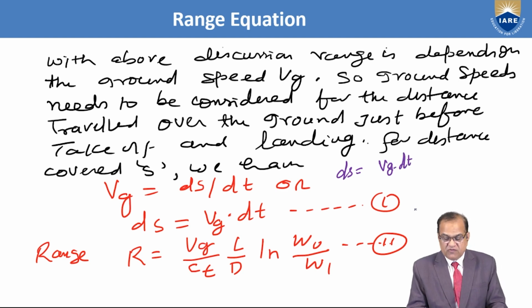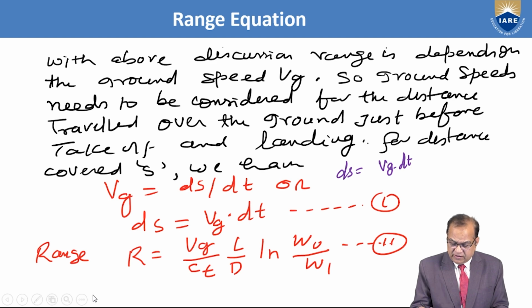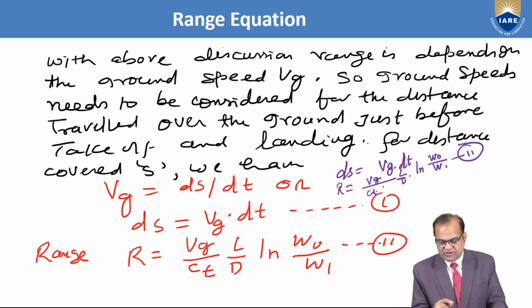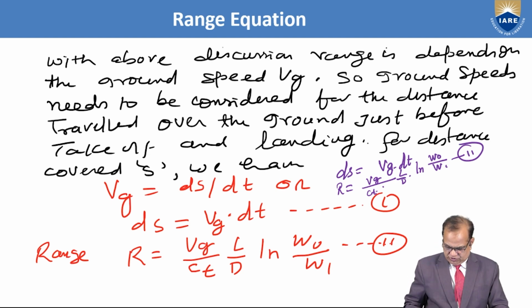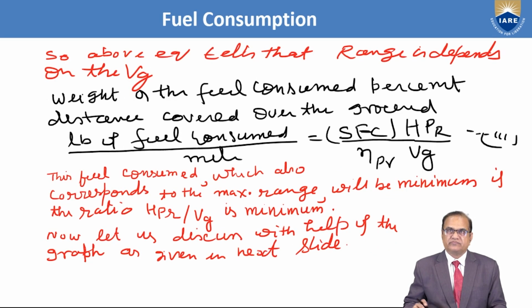And we already know the range equation, R is equal to Vg divided by Ct into L by D into ln W0 by W1, which we have already derived long back. These are the two equations which will be used for explanation of the effect of the wind direction on the range.